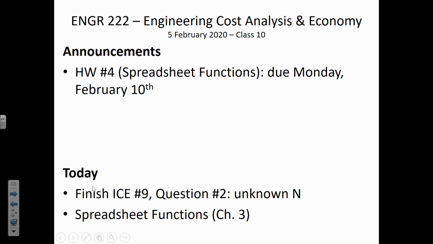In class last time, in class exercise number 9, we did the question related to finding the unknown i value. Remember, we used goal seek for that one, and we were looking, either with goal seek or with the rate function, for what interest rate brought balance. Balance meaning that there was economic equivalence between the inflows and the outflows.